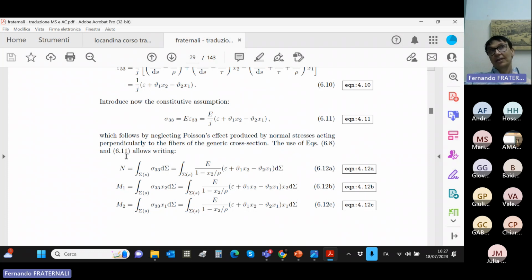So this means that we will have N also at the constitutive level related to theta 1, to the bending strains, because of j. So we go back to the previous theory if j is approximately equal to 1, when x2 over rho is a quantity that's almost 0.